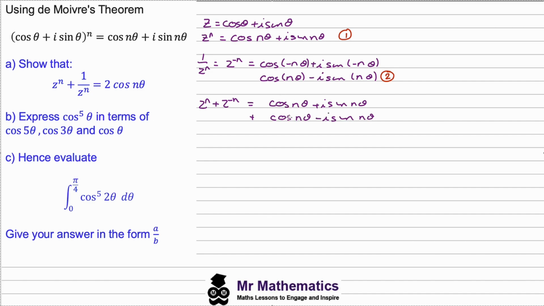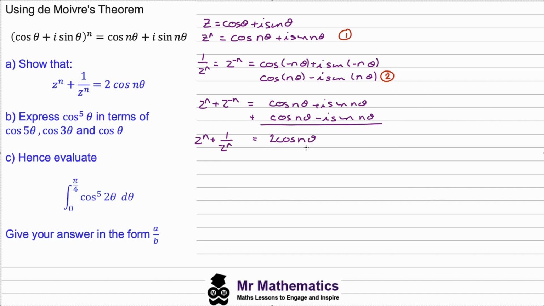When you add these two together, we've got 2 cos n theta, and the positive i sine n theta will cancel with this negative. So we can see that z to the n plus 1 over z to the n is the same as 2 cos n theta. Okay?